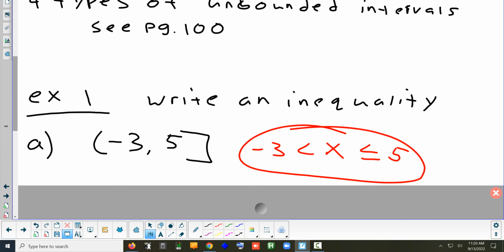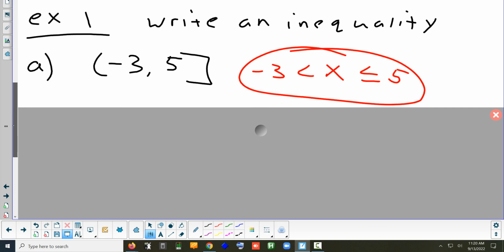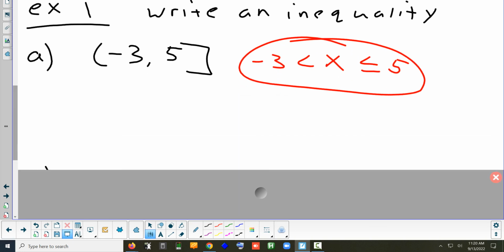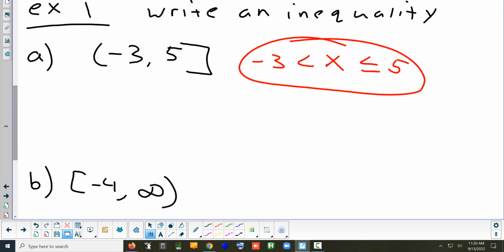Perfect. Interval notation, inequality notation. And then you could also do graphic notation where you put open circle, closed circle, and shade on a number line. Translating between inequalities and interval notation is pretty straightforward. You just put x in the middle and make sure that the signs are right. Put the proper signs, yeah.